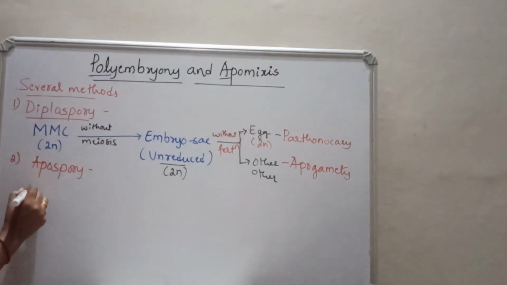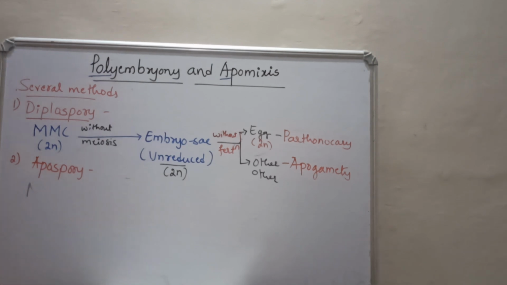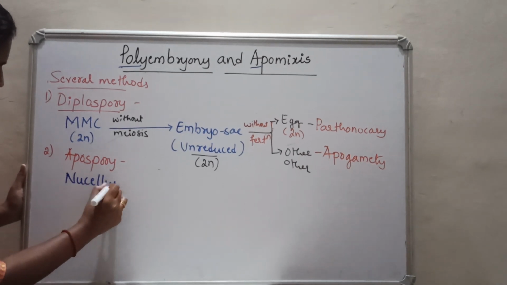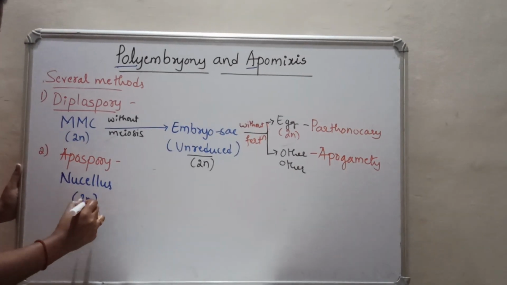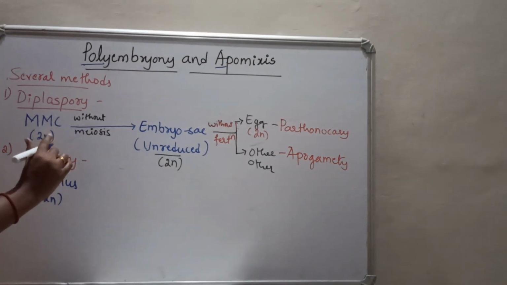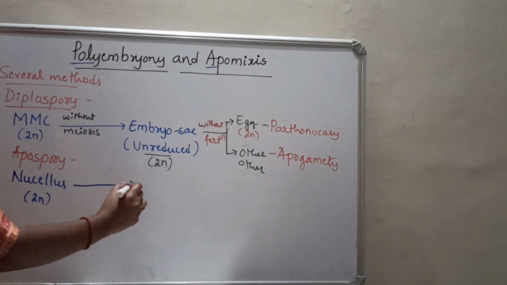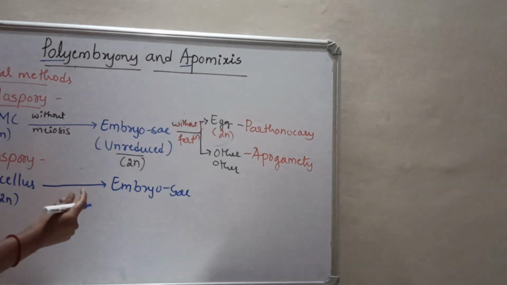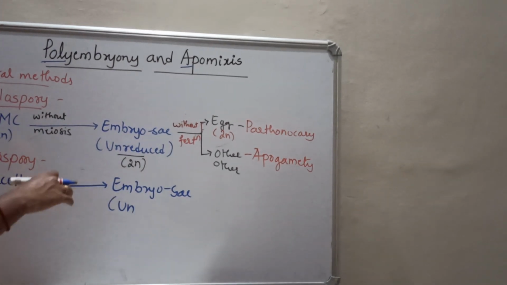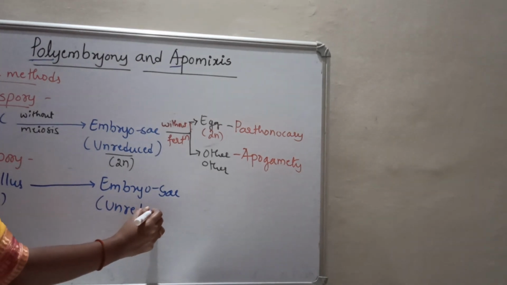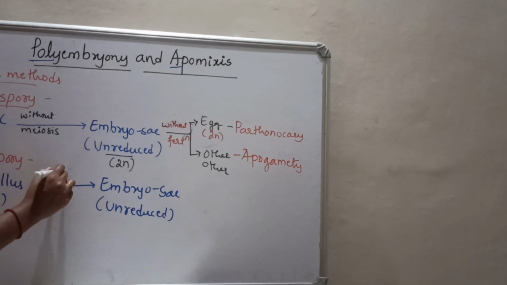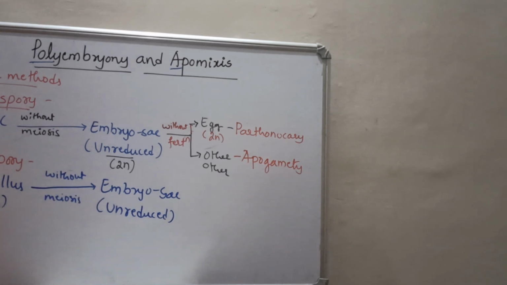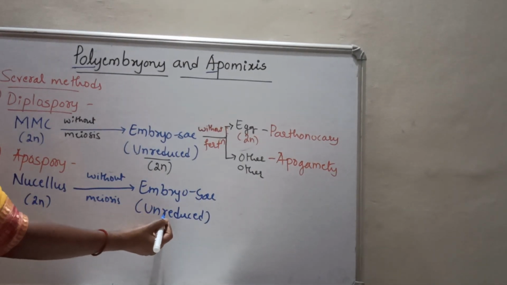Here the nucellus cells are diploid, and these diploid nucellus cells produce the unreduced embryo sac without meiosis and without fertilization.